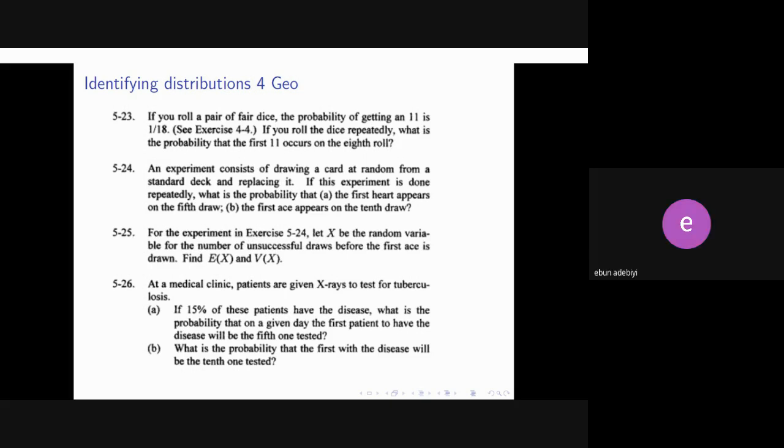The first success appearing on the 5th draw means we've had 4 failures before. So the probability of S equal to 4 will be (1 minus P) to the power 4, where 1 minus P is 51/52.